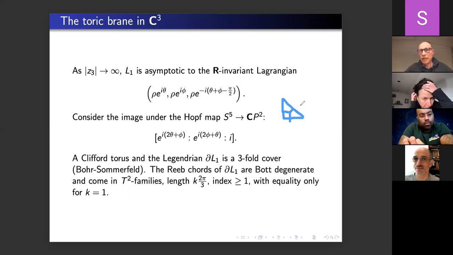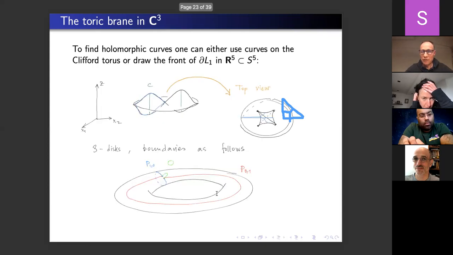And what I'm doing now is, here I see 3 disks, and I'm drawing the boundaries of these disks on this threefold cover. So I lift them up and I see what they are. And they look as in this picture.